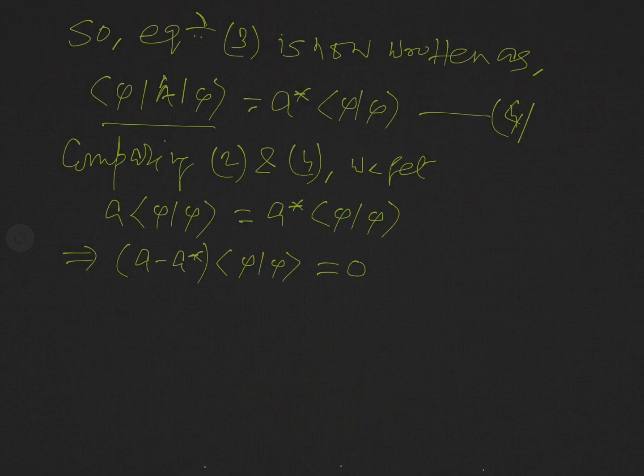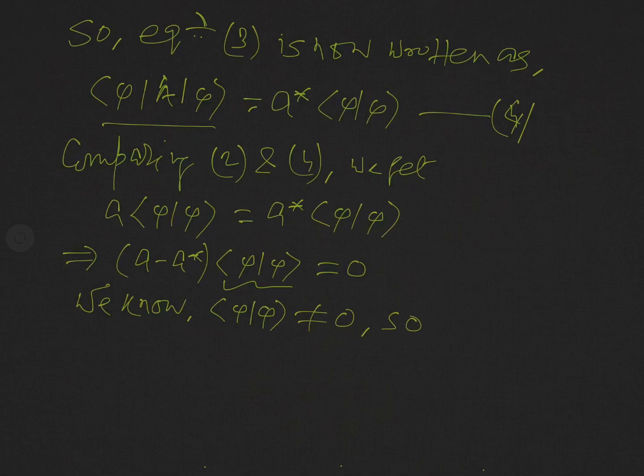But we know that this product is not 0, it is in fact real and positive, greater than 0. It is 0 only when phi is 0, but if phi is 0, then it will not be a valid wave function or valid Eigenket. So this product of phi with phi is not equal to 0.